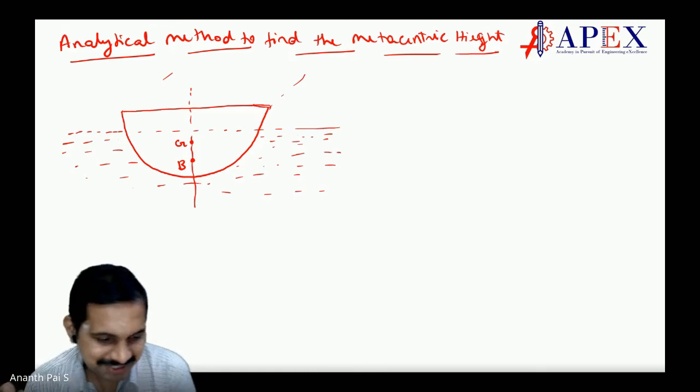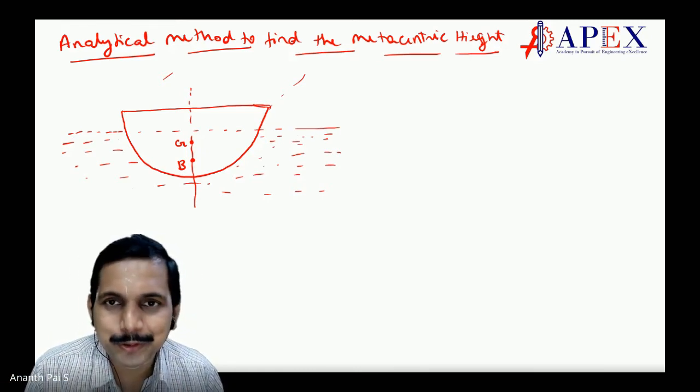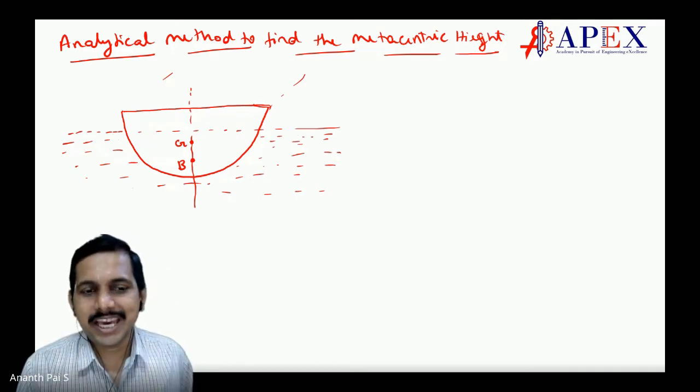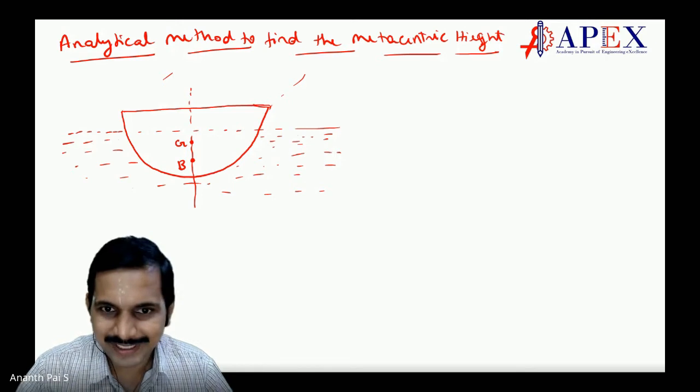Think about it, students. You have to message me to say: if the center of gravity is below the center of buoyancy, then what will happen? That is for you to think.